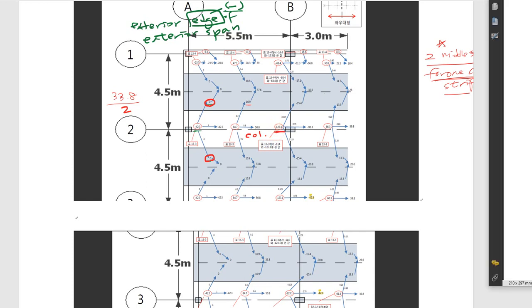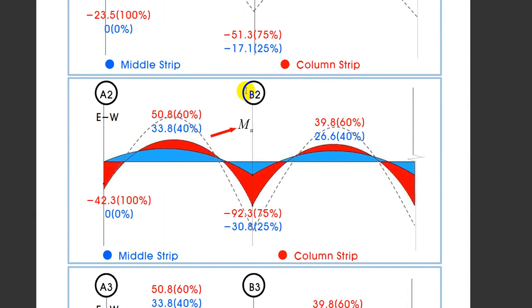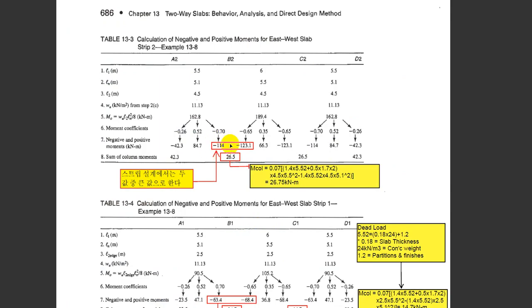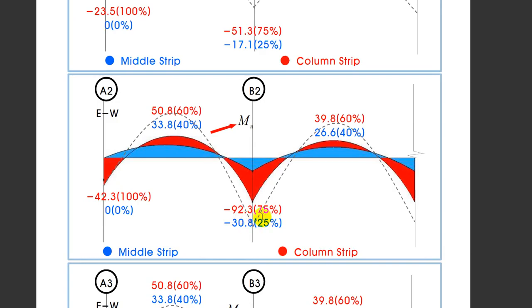So let me just be patient to show you one more time. See here, we had two moments here. Then we decide to take the bigger one right there, this one, which is minus 123.1 at the negative moment. That is divided into 75% and 25% for column strip and middle strip, if you see over there.